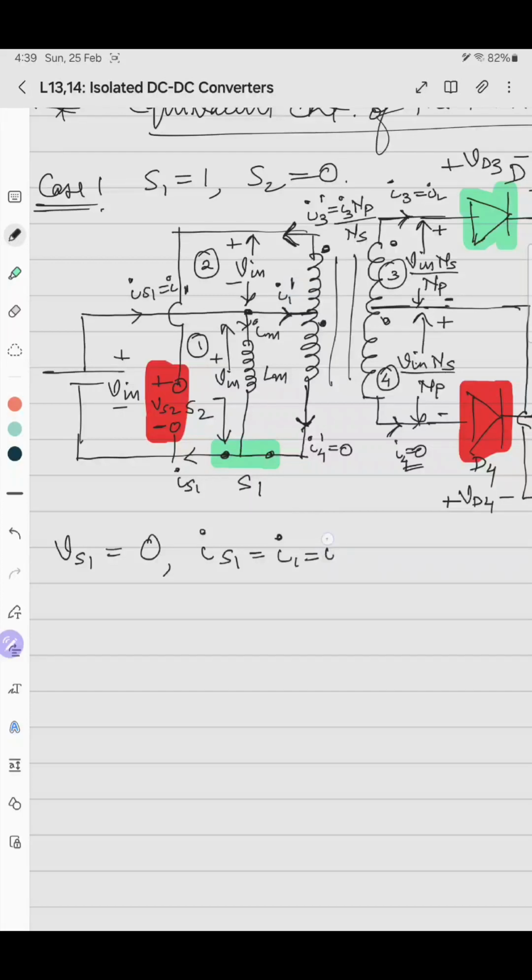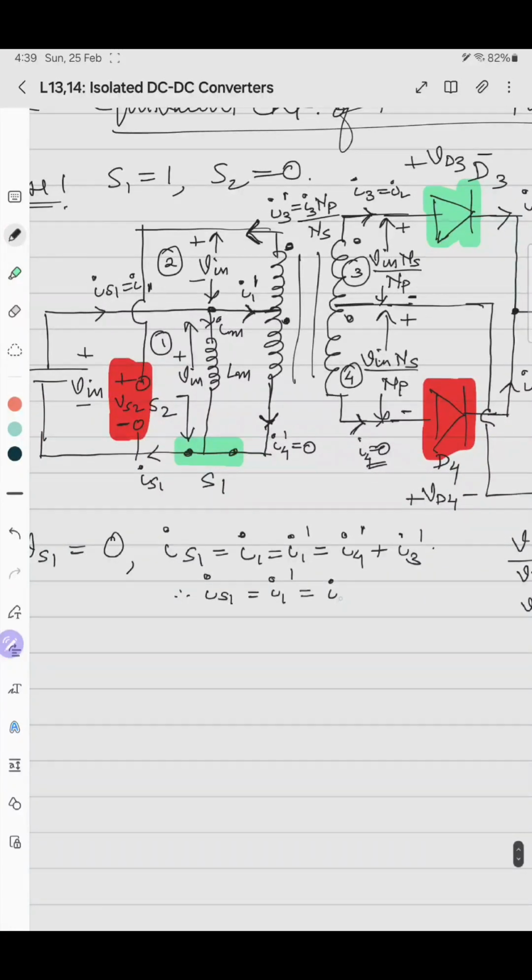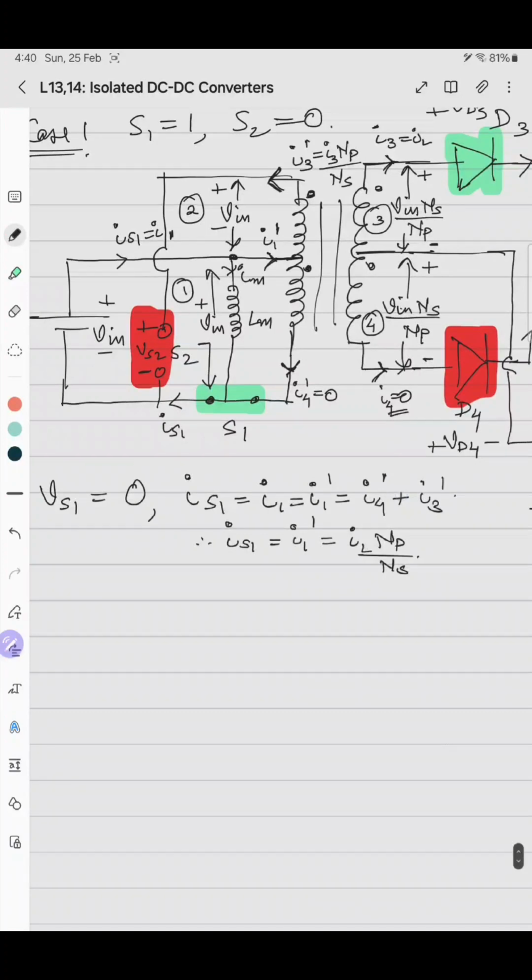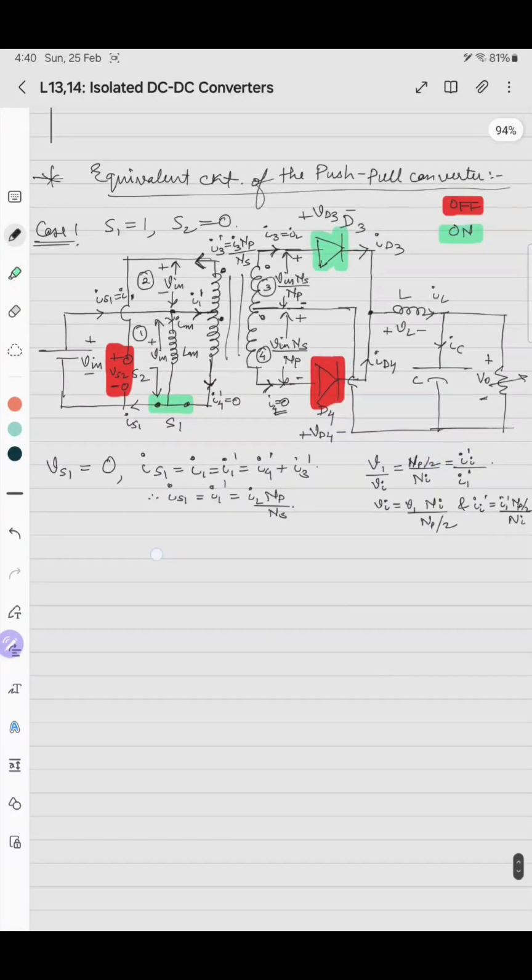So I1 dash is I4 dash plus I3 dash. Therefore IS1 is I1 dash, which is equal to I3. What is I3 in this case? IL. So IL Np by Ns. This is the current through the switch.